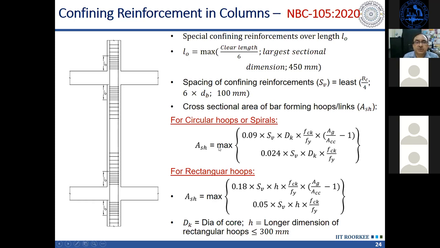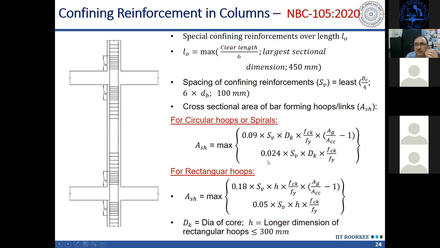Okay. And the area of the cross section of the bar of the hoop, which is making the hoop, area of that is governed by these equations. Okay, so in case of circular hoops, similar expressions are given in case of rectangular hoops also. Now here you see ASH is directly proportional to H. Okay, so here SB is the spacing.